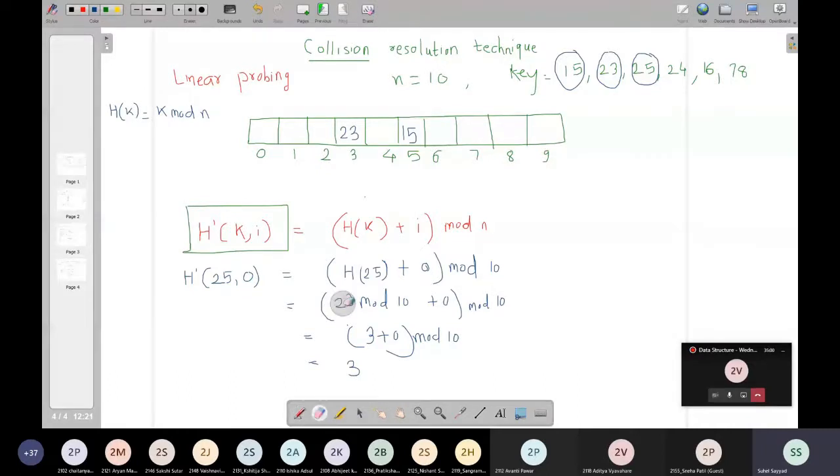Now, my dear students, this 5 is already storing 15. So this gives you a collision. The moment you get a collision, you are going to increment the value of I by 1.